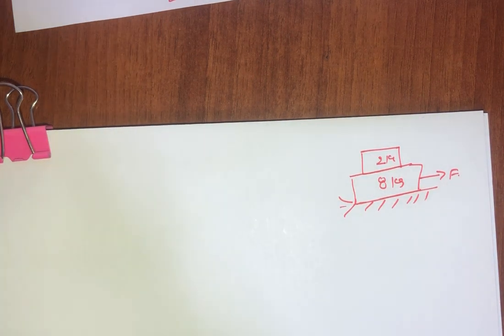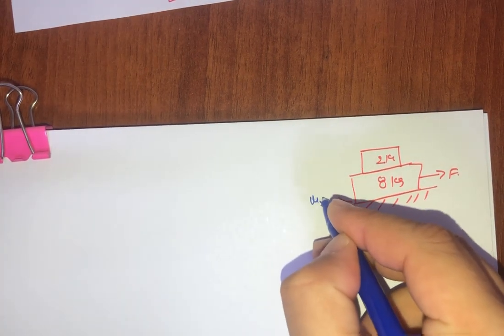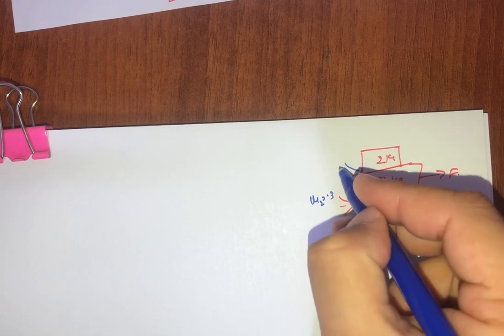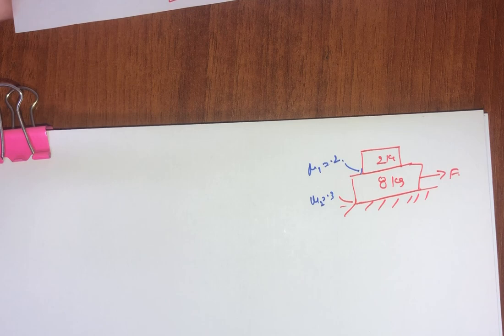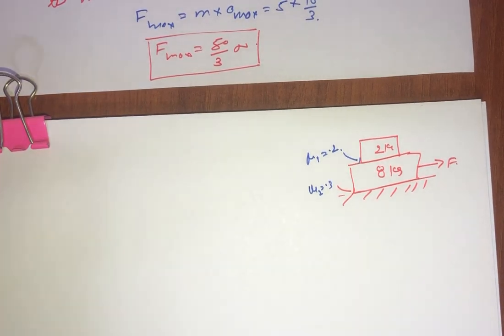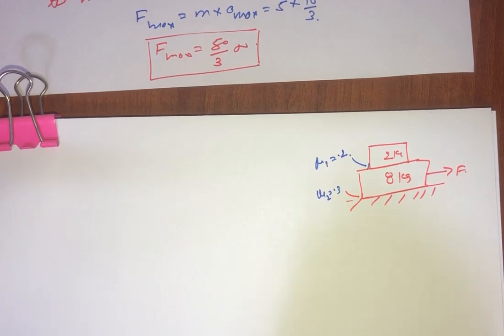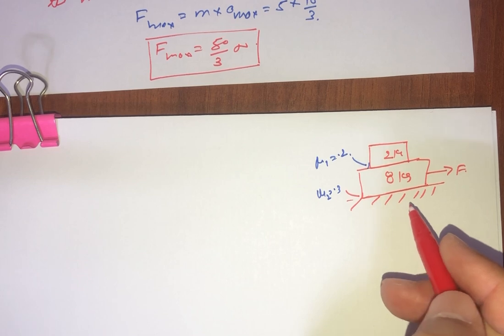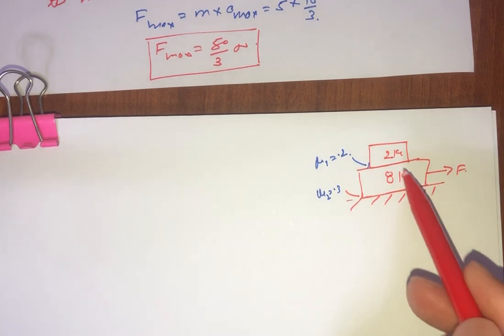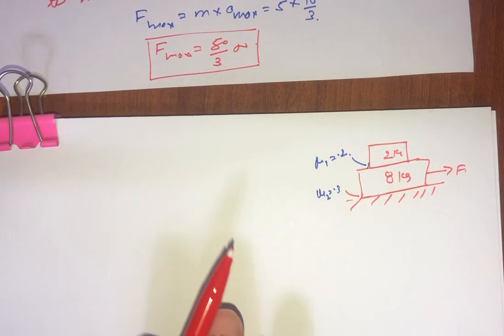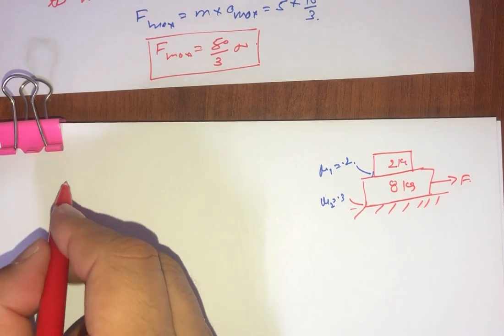Here mu2 is 0.3 and here mu1 is given as 0.2. So let us find out the maximum friction that can act on the respective joints. So this is B.